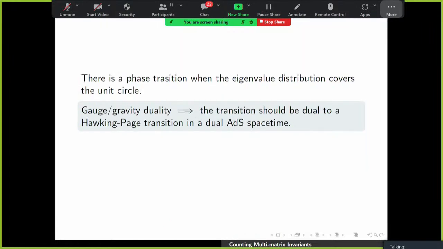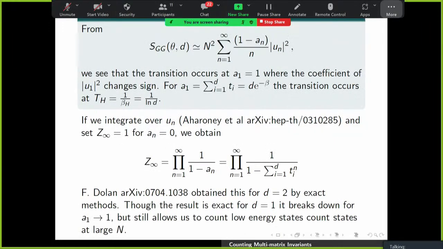And one of the important things is that there's a phase transition between the small temperature and high temperature. To see that, if I expand the van der Monde as well, I can regroup that earlier expression as 1 minus a n, and we see that a1 is equal to 1.